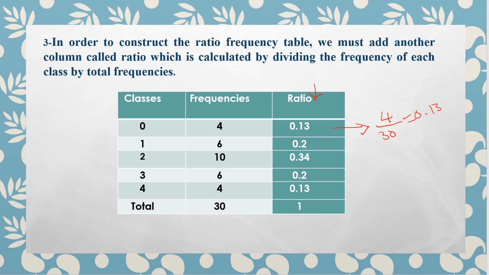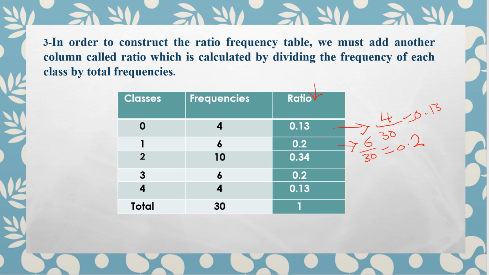For the second class, which is only 1 head, the frequency is 6. So 6 over 30, the total frequencies, equals 0.2, and so on for each class. For the class of 2 heads, we get 0.34.